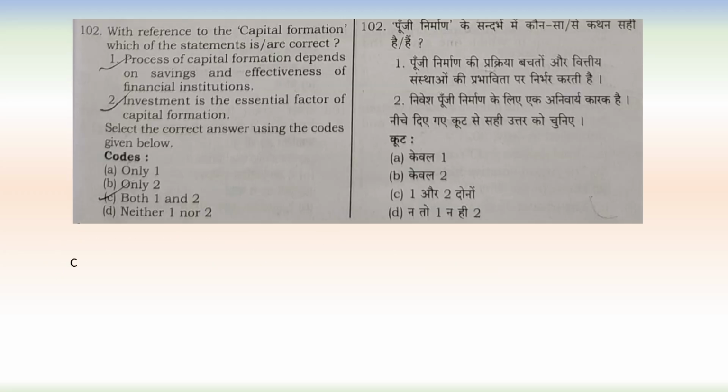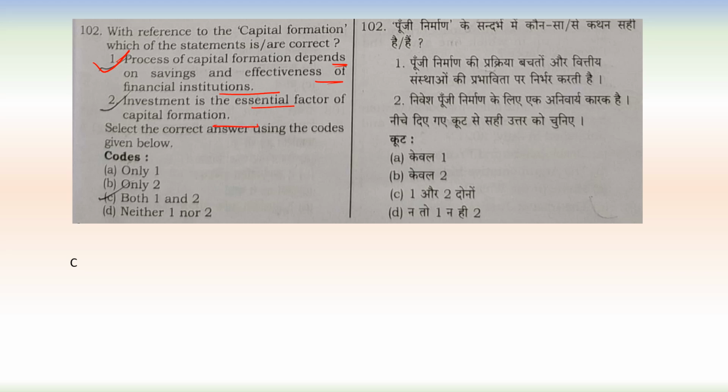Next one, with reference to capital formation, which of the following statements is/are correct? The process of capital formation depends on saving and effectiveness of financial institutions. This is correct. Next, investment is the essential factor of capital formation.